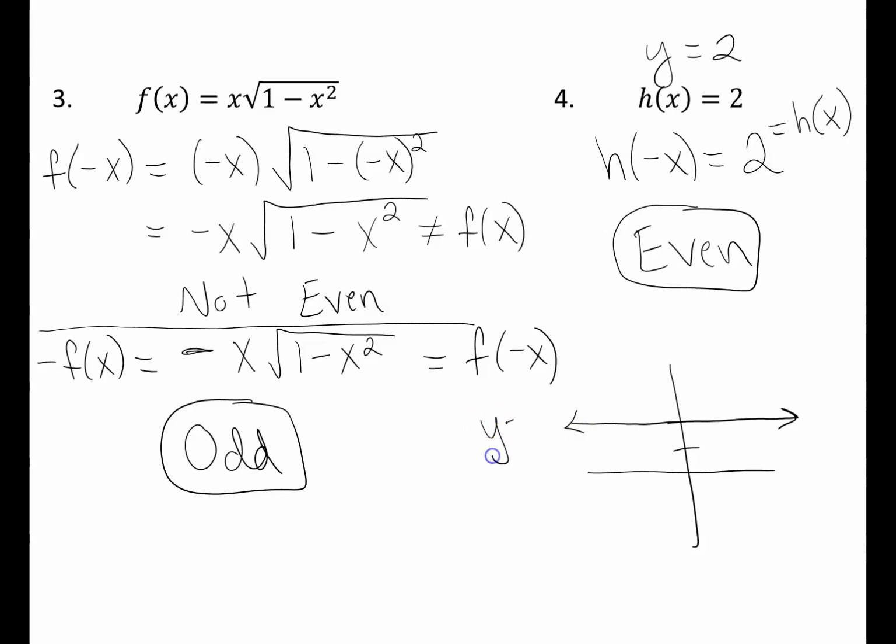And so if we think about the symmetry of that line, here's our y-axis. It's symmetric about the y. This side of the line would lie directly on top of the left side, so it has y-axis symmetry, which is another way to see that even is the correct answer.